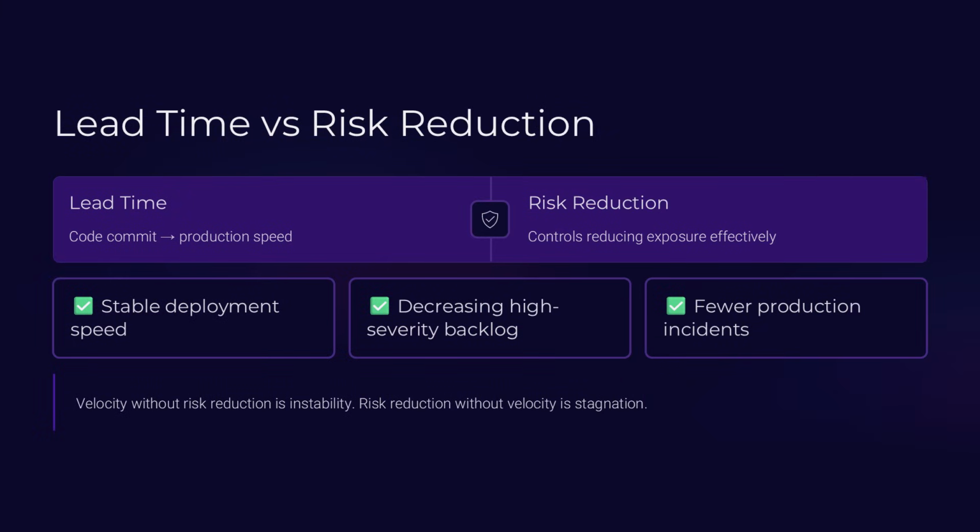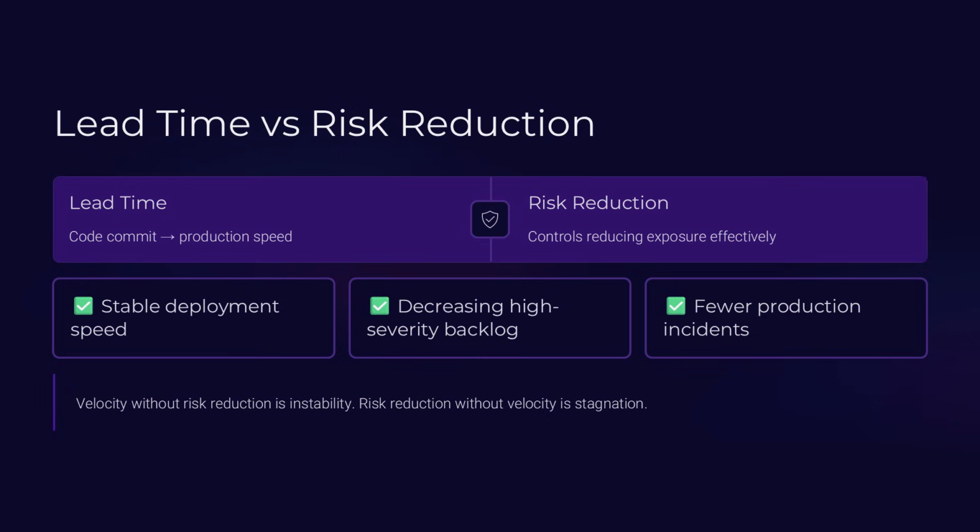One of the most powerful leadership conversations is the balance between lead time and risk reduction. Lead time measures how quickly changes move from code commit to production. Risk reduction measures how effectively security controls reduce exposure. In immature environments, speed often increases while risk visibility decreases.